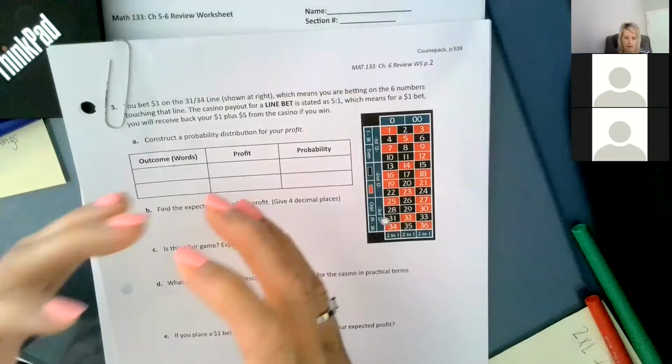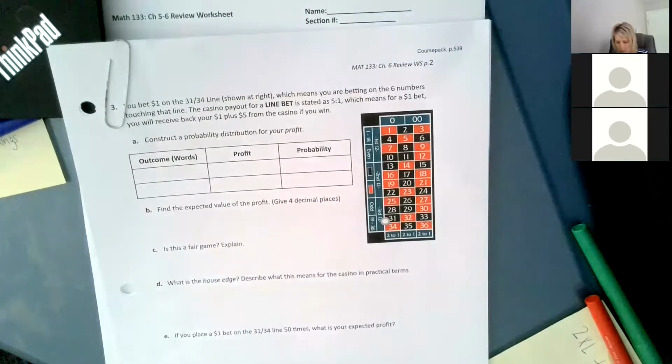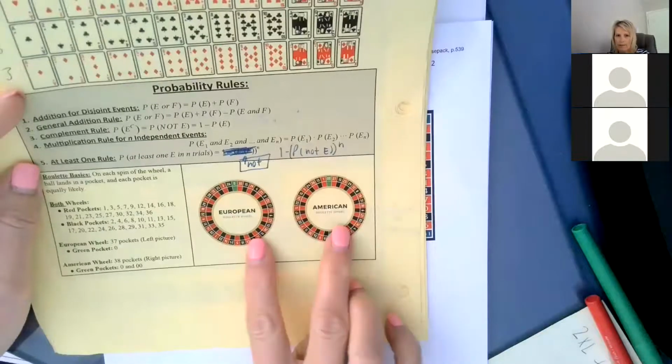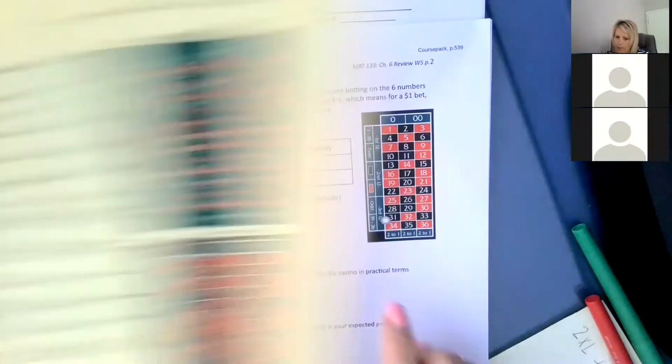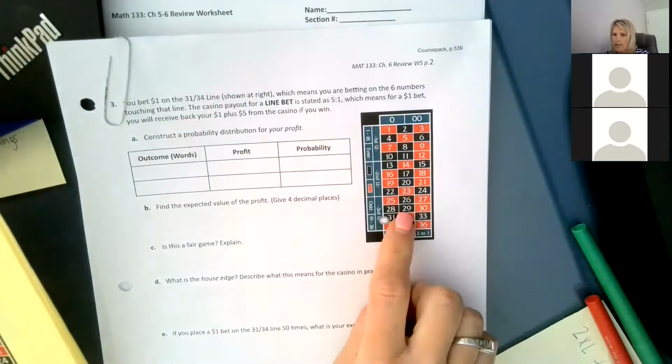And if we get out our gold sheets, this is what it looks like when they spin the wheel. It's either the European wheel or the American wheel. And these are the different bets using the European and the American roulette. So this one is an American roulette one here.